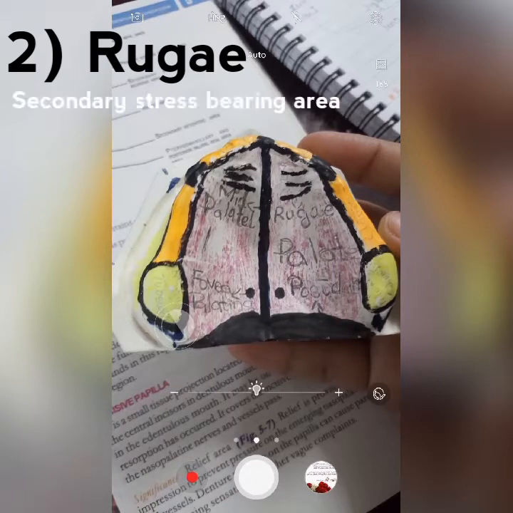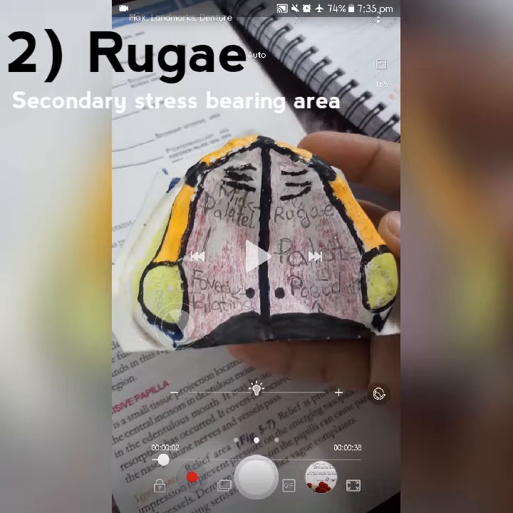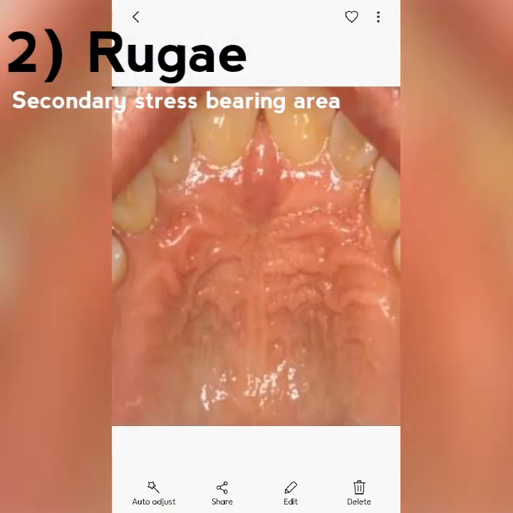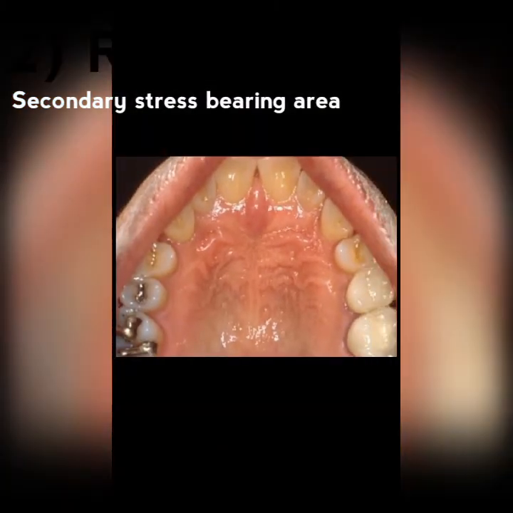The rugae are certain prominences, bony prominences, present just on the anterior part of our hard palate. As you can see over here, these markings in black, and I'll show you another one. Yep, these are really prominent over here.